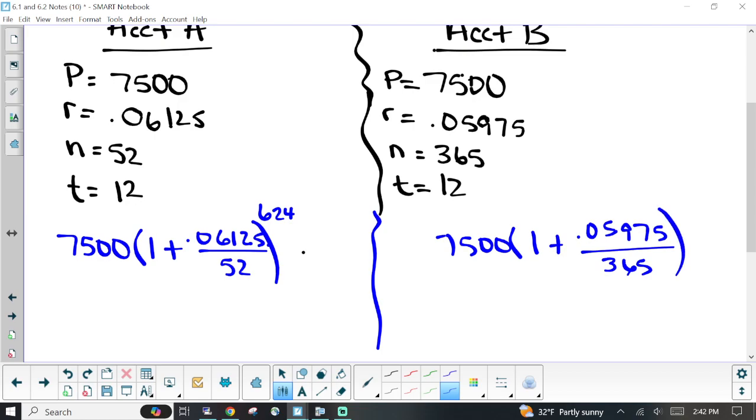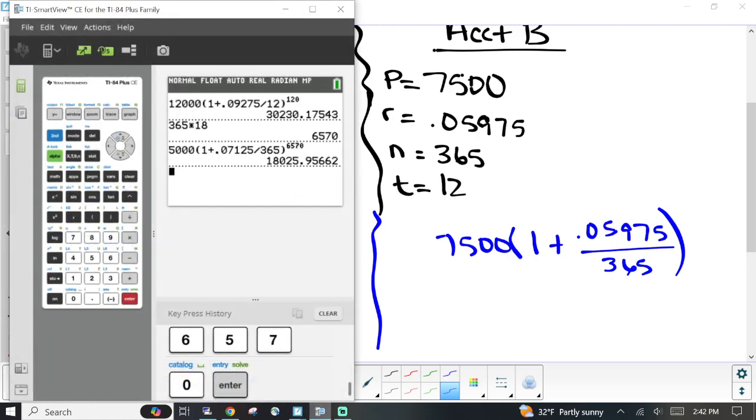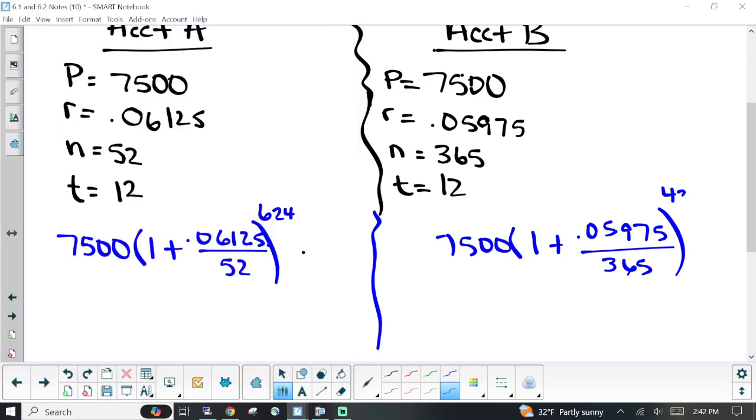So the nt, 365 times 12, that is a really big number. My exponent for account B is going to be kind of big because n times t, 365 times 12, is 4,380. And now this just turns into typing them in your calculator and seeing which one makes you more money.